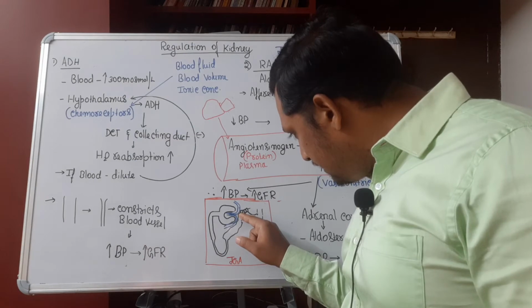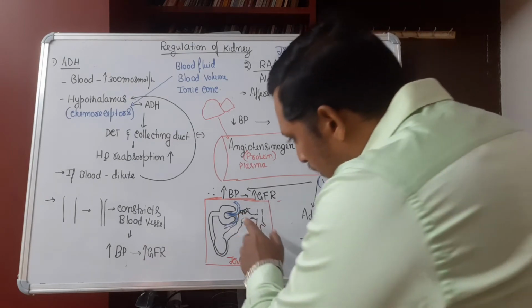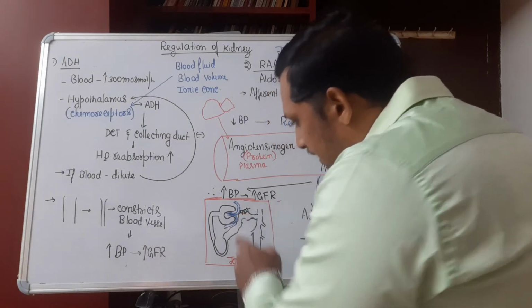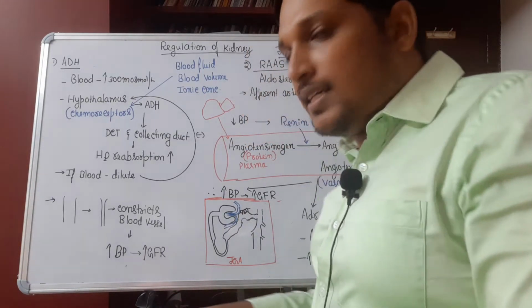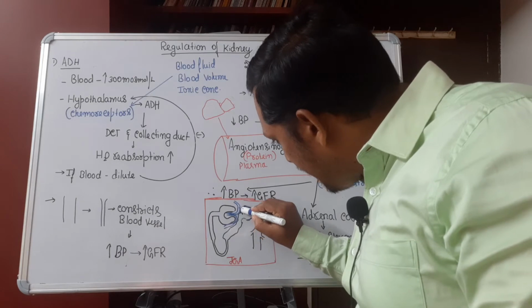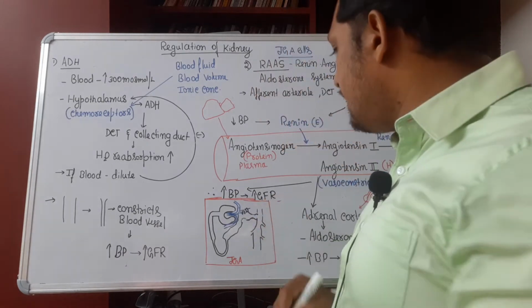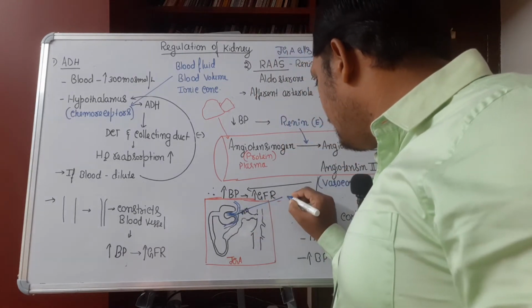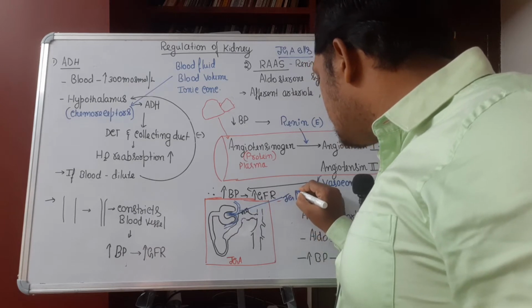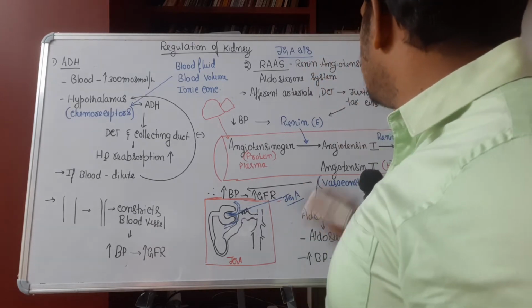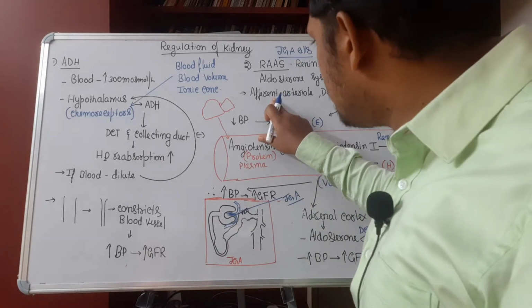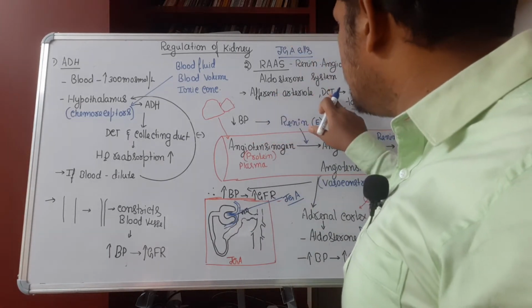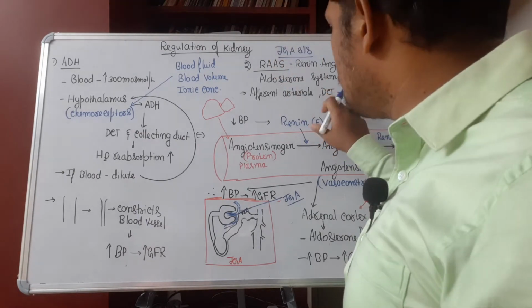At a certain point they come in contact with each other. They just touch each other, and at that point certain modified cells are present. These modified cells are known as juxtaglomerular cells or juxtaglomerular apparatus, present where the afferent arteriole is in close contact with the distal convoluted tubule.